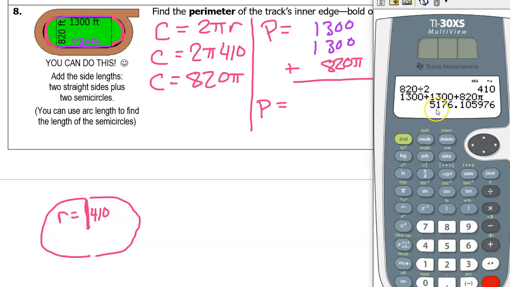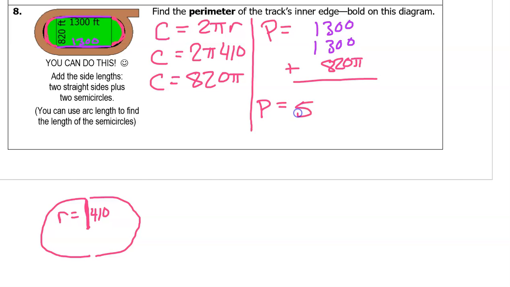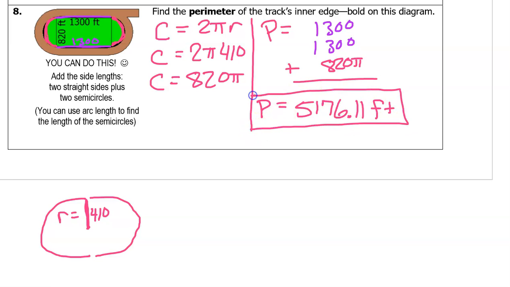So that is 5,176.11. And the lengths are in feet. Don't forget your units. So that is how you solve problems involving the arc length of a circle.